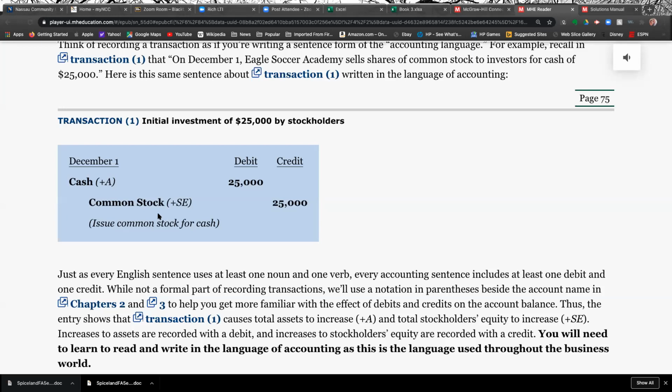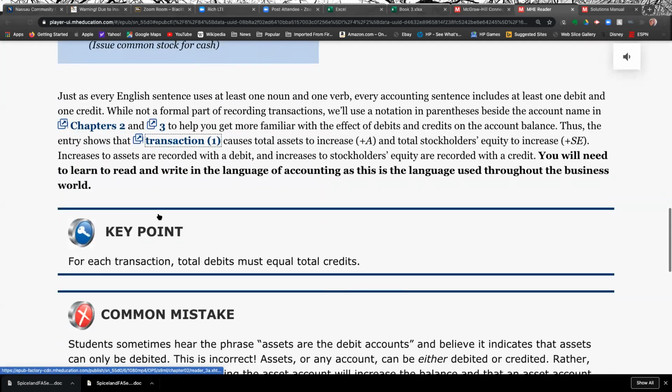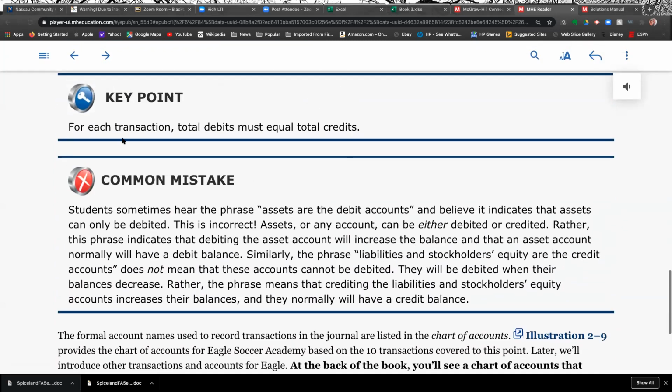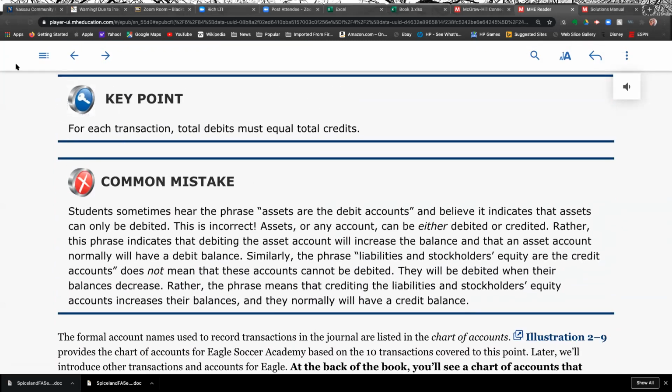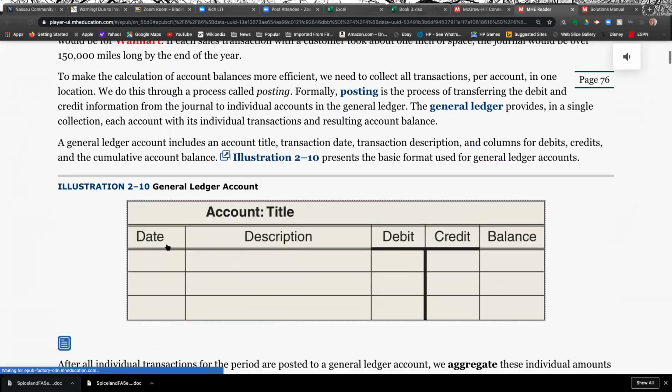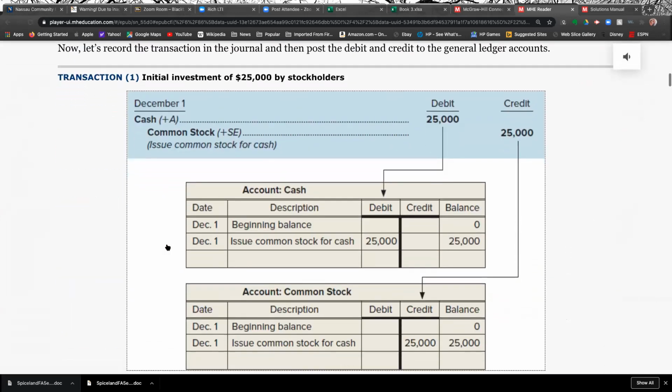So debit cash, credit common stock, and then you put the numbers in the accounts. This is the journal entry you make first, and then you put the numbers in the accounts.